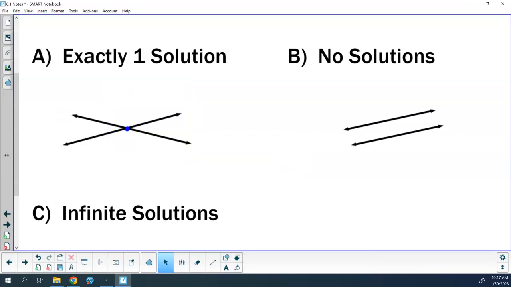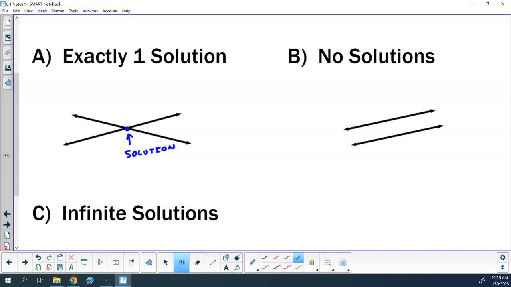So you can have exactly one solution, and that's what we're looking for. This intersection point would be the solution to the system. So if the lines cross, either perpendicular, somebody over there said perpendicular for parallel when we were doing parallel lines.